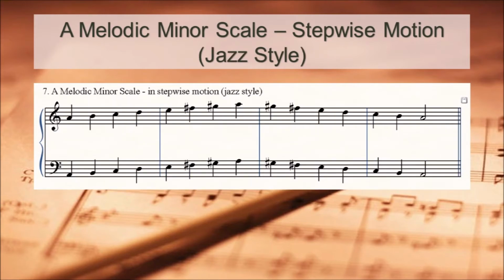Now, jazz players didn't necessarily like that motion. They liked the fact that the scale up and down worked the same for them. Now, usually this is used for a minor major chord.